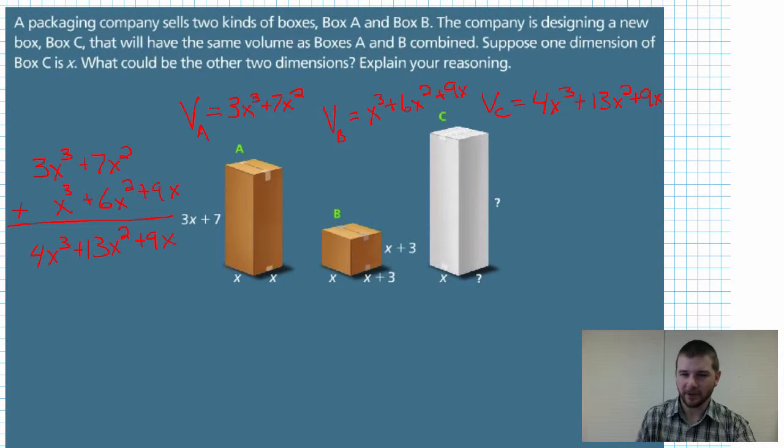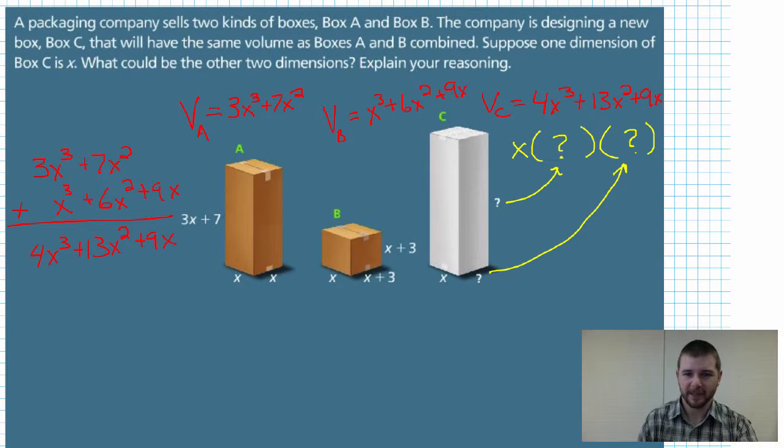So our resulting factored form of 4x cubed plus 13x squared plus 9x can be written with an x factored out, where one of these two question marks can be represented here, possibly with a monomial, possibly a binomial, maybe even a trinomial, most likely a binomial. And similarly, our other dimension, or the other question mark, can be represented there.